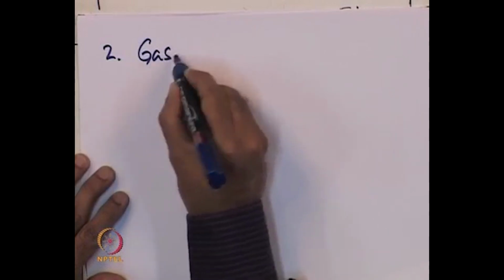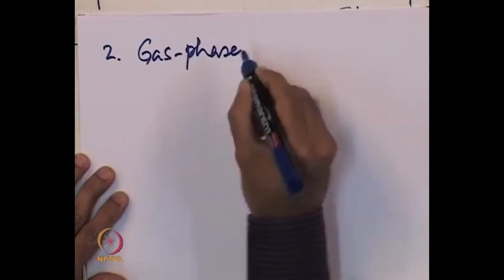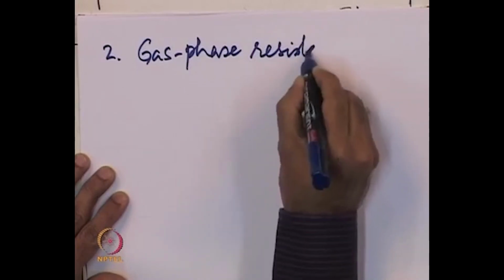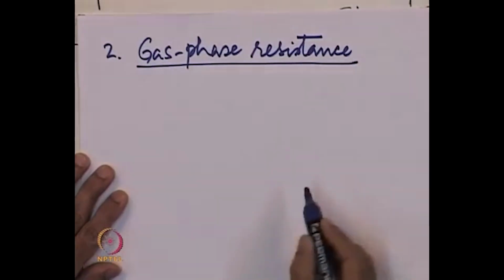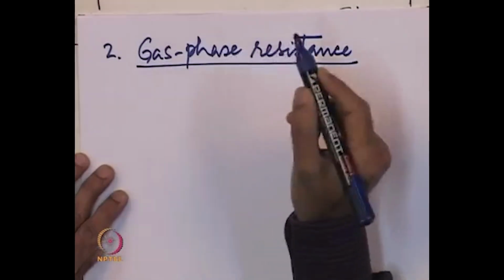The second assumption that we want to examine is the assumption of negligible gas phase resistance, and this turns out to be quite simple. If the gas phase resistance is not negligible, all that it means is that the value of C_A star that we have been using in the theoretical expressions has now to be calculated as being in equilibrium with the interfacial partial pressure of the gas, which in this case would be different from the bulk partial pressure of the gas.